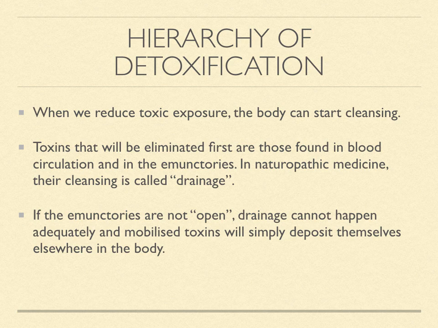The good news is that when we start to reduce our toxic exposure by changing our habits, our lifestyle, our nutrition, the body can very quickly start cleansing itself. And there is an order through which that detoxification will start occurring. So the body will first clear toxins that are circulating in the bloodstream through the emunctories, so liver, kidney, colon, and it will then start cleaning what is already sitting around in the emunctories.